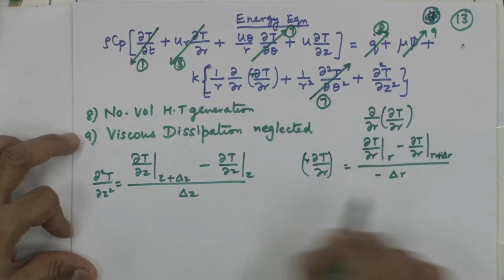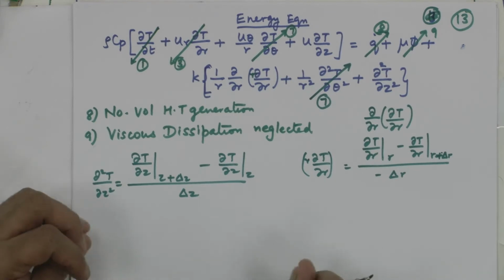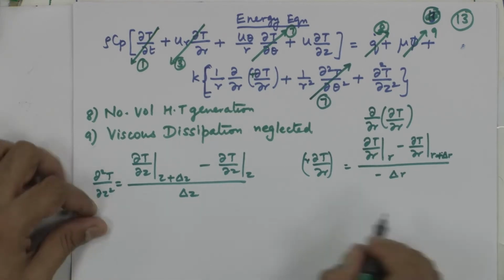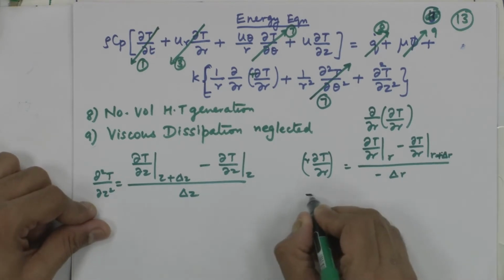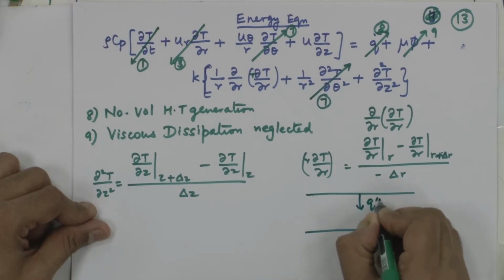So, what I am trying to say is your gradients in the r direction are much more significant because the bulk activity of heat transfer is in this direction.